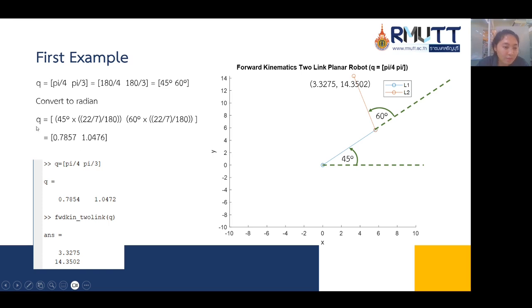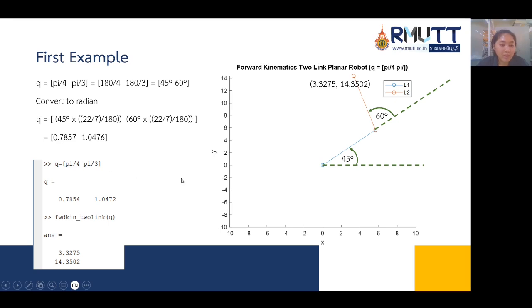So the result for the first element in radians is 0.7857, and for the second element, pi divided by 3, in radians it is 1.0476. Then after that, we can validate in MATLAB.